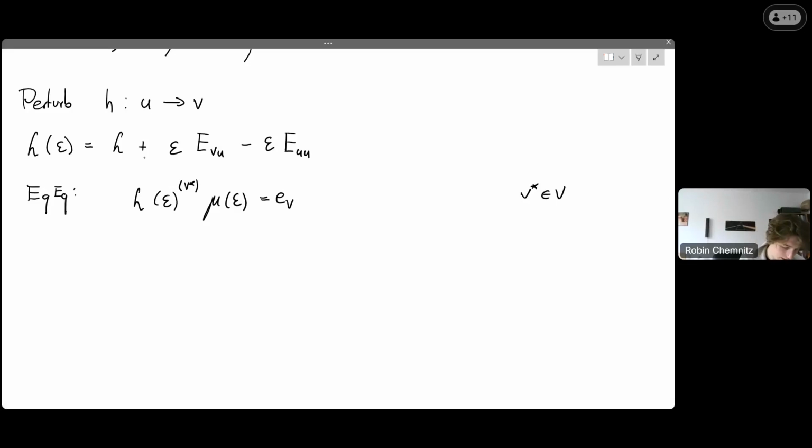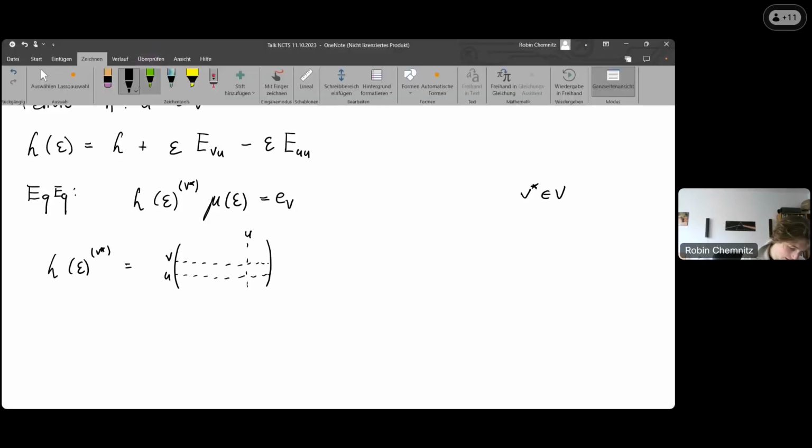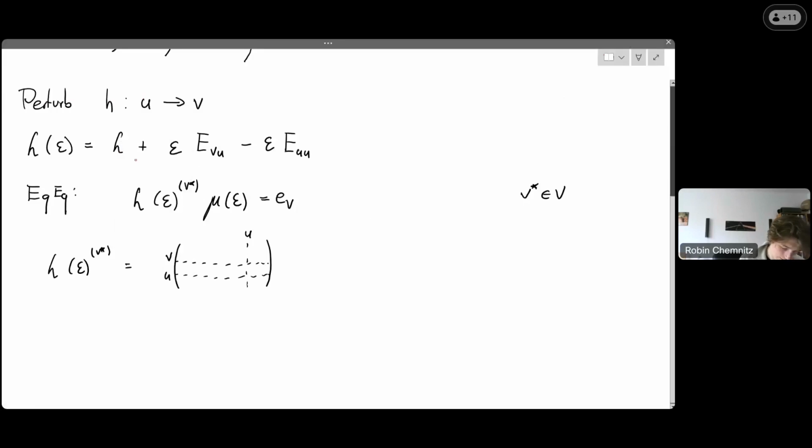And now let us look at how this matrix actually looks. So we start with the matrix L. Then the first thing we do is we find the vertices u and v, and in vu we add an epsilon, and in uu we subtract an epsilon.